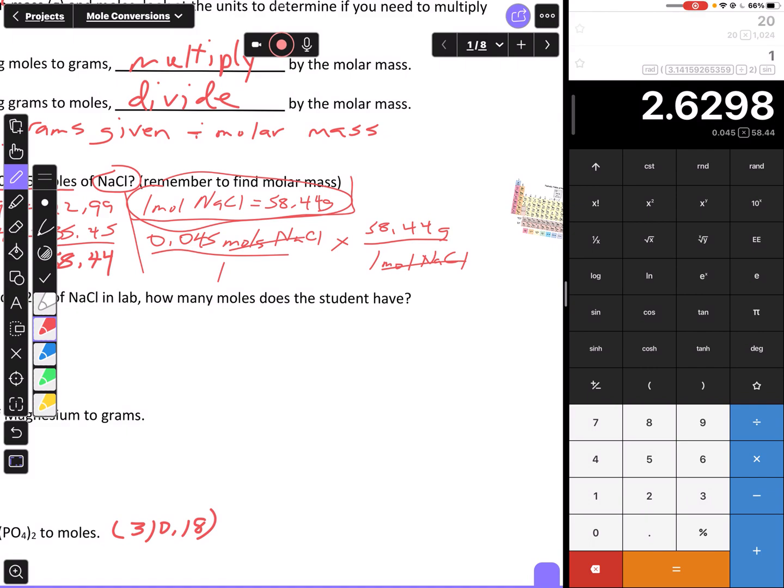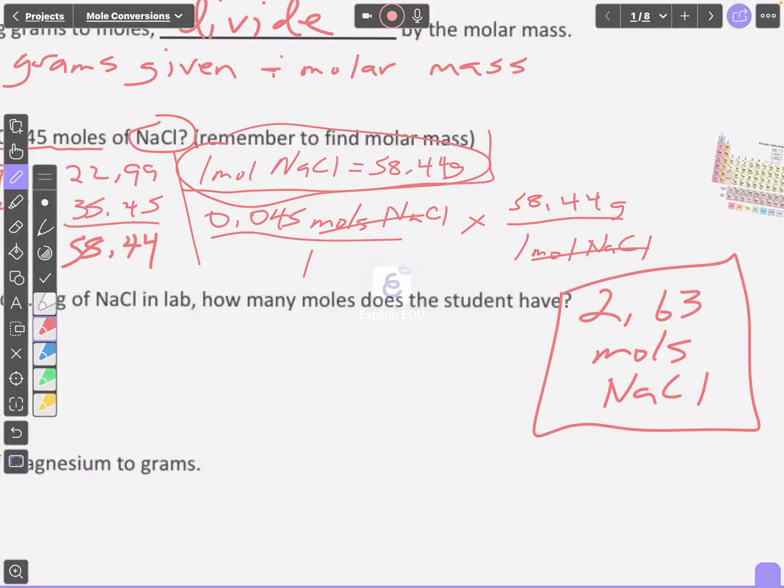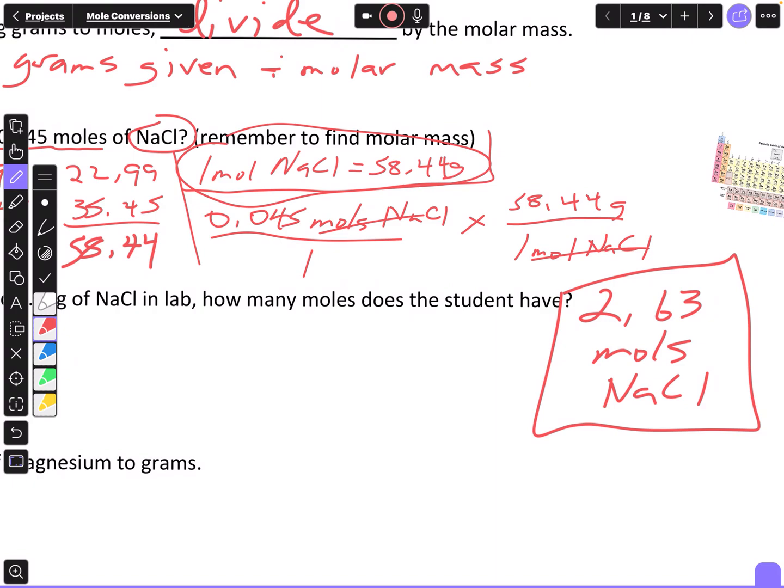And that would give me 2.63. And then my units I want to write down is going to be grams of NaCl. And that's my answer. Now, that's the way of working it out where I cancel out my units.